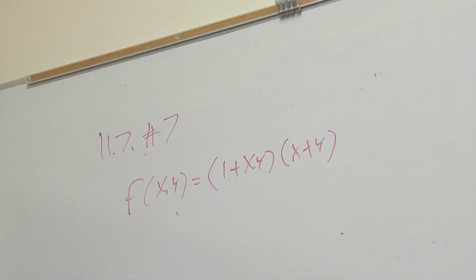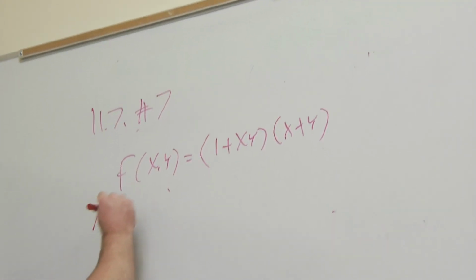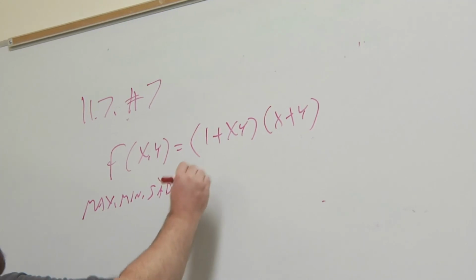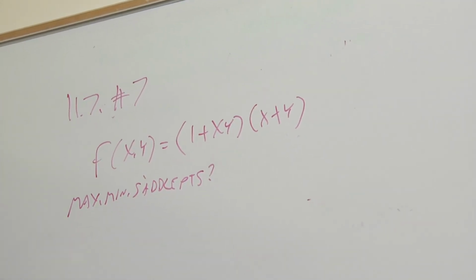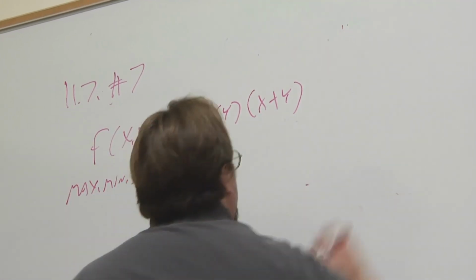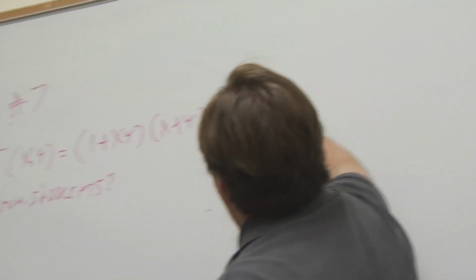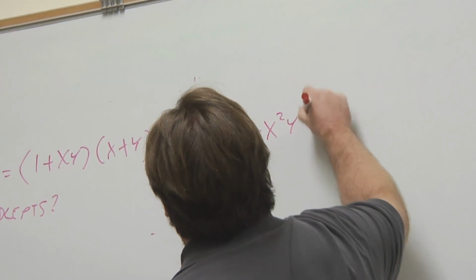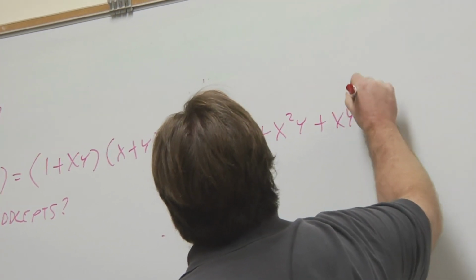Okay, so finding max, min, or saddle points. Okay. Now, in this case, well, might as well multiply it all out. So that's going to be x plus y plus x squared y plus xy squared.